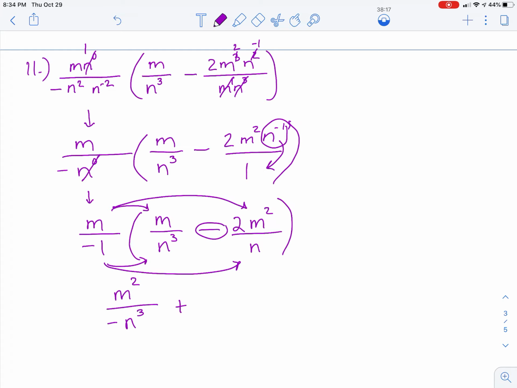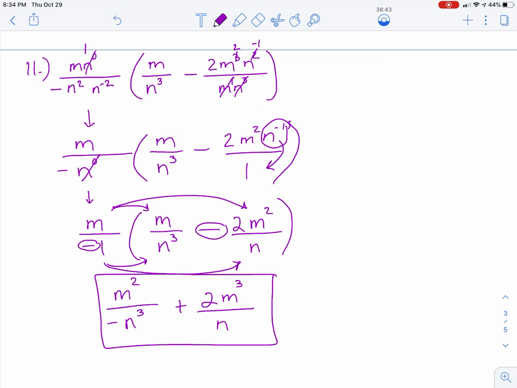And keep in mind, this is negative here. So since I have a negative out here, it's going to make it plus, right? So it's going to be 2m to the third power over n. And that's your final answer right there.